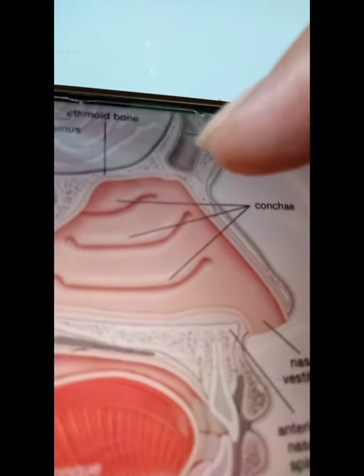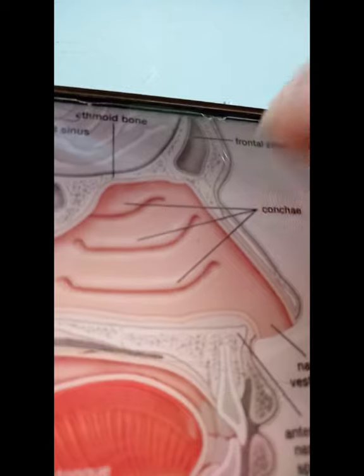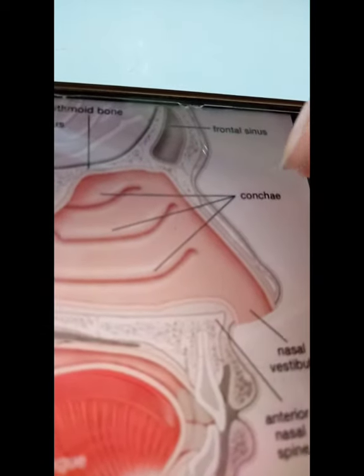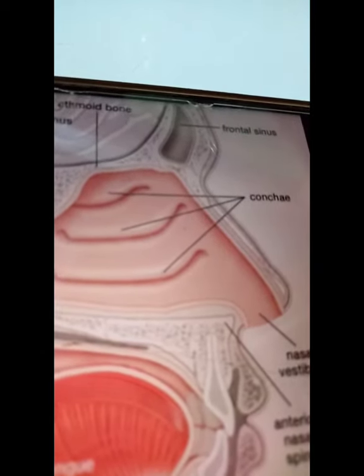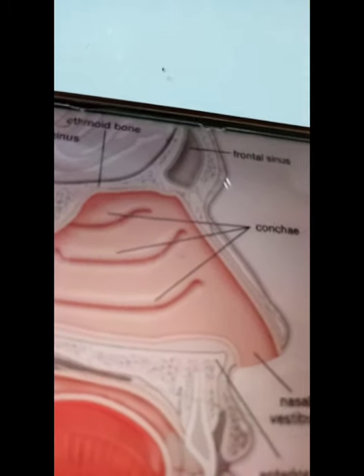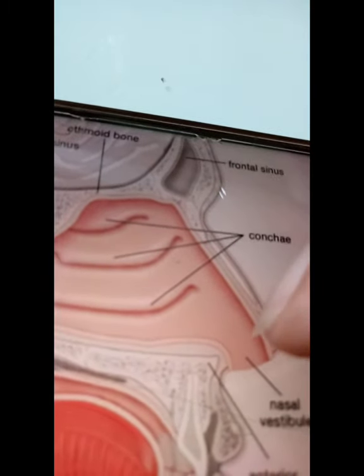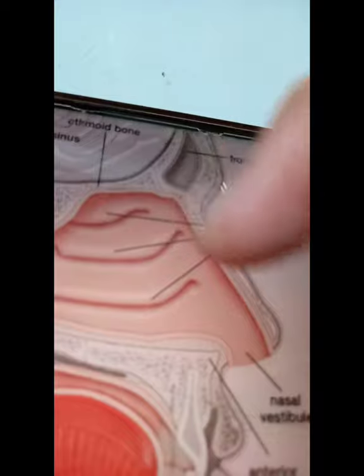Each elevation is called the nasal concha or turbinate, and each channels an air passage. The rest of the cavity is the respiratory portion.